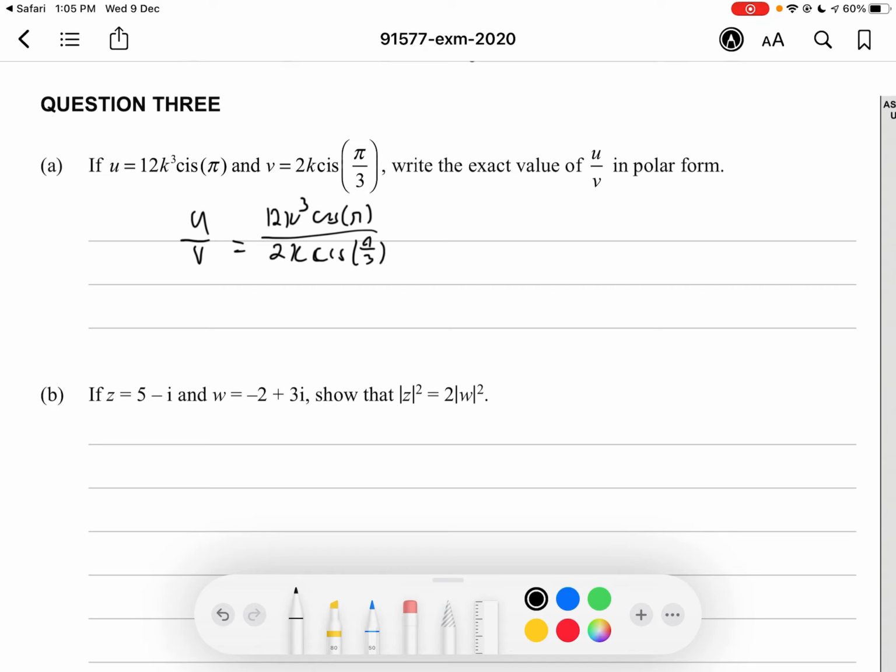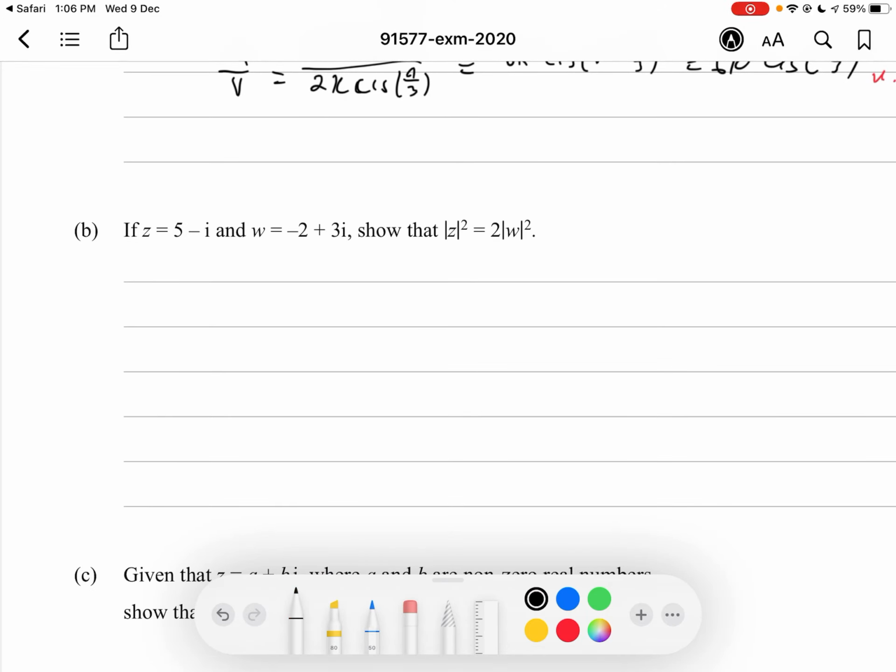In this case, if we divide, the angle is subtracted and the lengths are divided. So we have 12k cubed over 2k, that is 6k squared. And we have cis of pi minus pi over 3, which gives 6k squared cis of 2 pi over 3. And that should be an achieved question there.